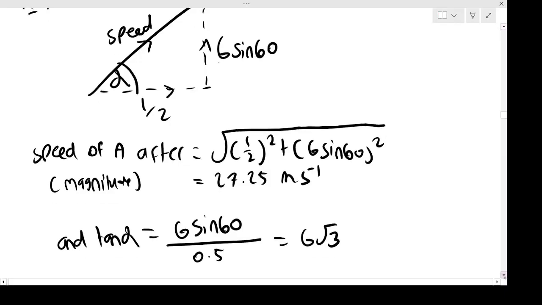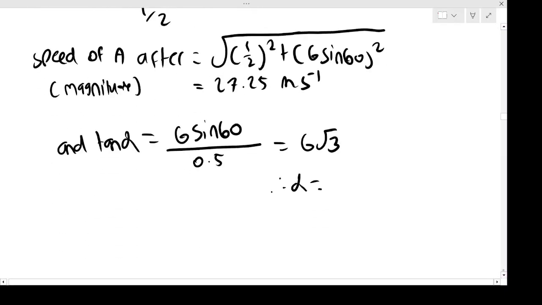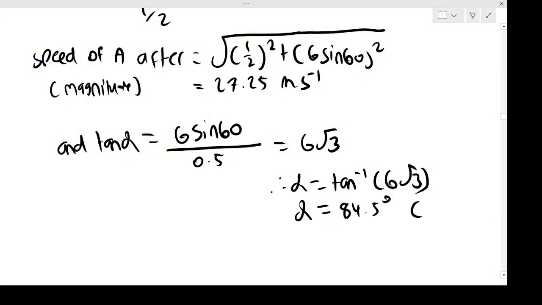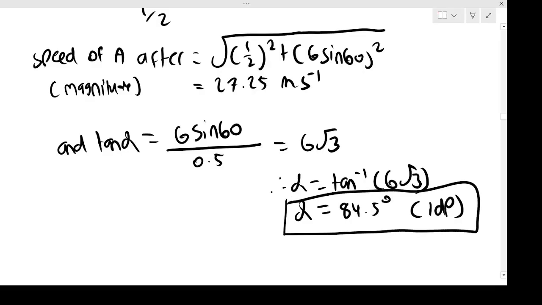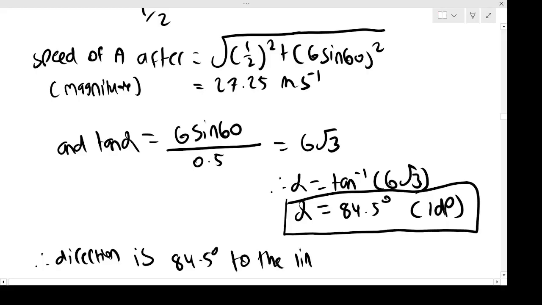So therefore, alpha is going to be inverse tan of that. And so we get alpha to be 84.5 degrees to 1 decimal place. And there we are, that is my angle, okay? So what I can say for the direction is the direction of motion, or the direction is 84.5 degrees, not percentage, degrees to the line of center, okay?